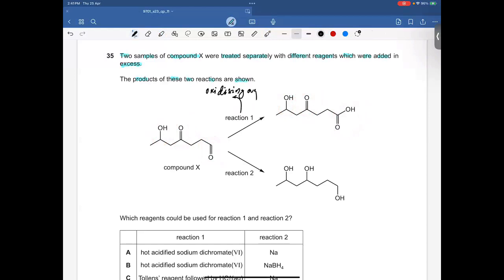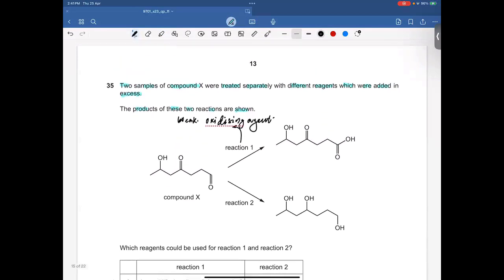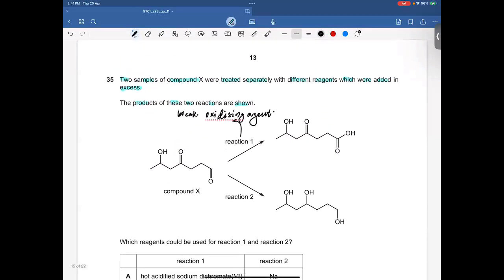And since only one step oxidation takes place, that is from aldehyde to carboxylic acid, which means we need weak oxidizing agent. Okay. Now in the second reaction, see, this secondary alcohol will remain as it is, but this ketone will turn to a secondary alcohol.